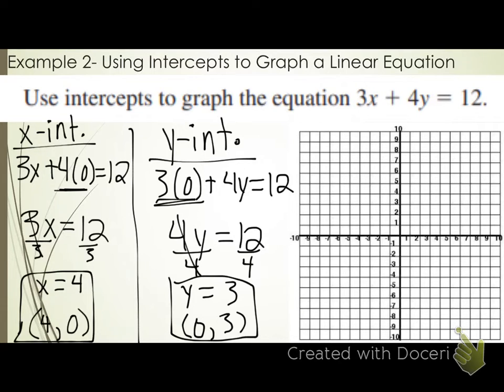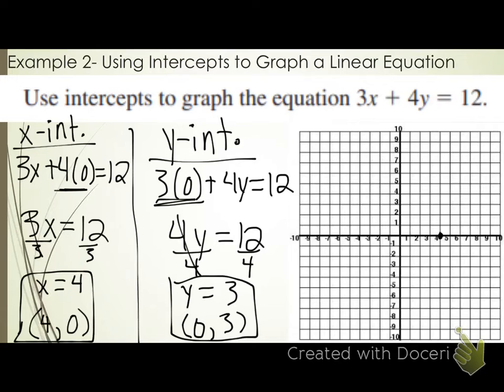So I found my x and y intercepts, but what does it want me to do? Graph. So I'm going to graph these two ordered pairs and then connect them with a line. So (4, 0), going right 4, and I'm not going vertically any, am I? So (4, 0) would be right here.